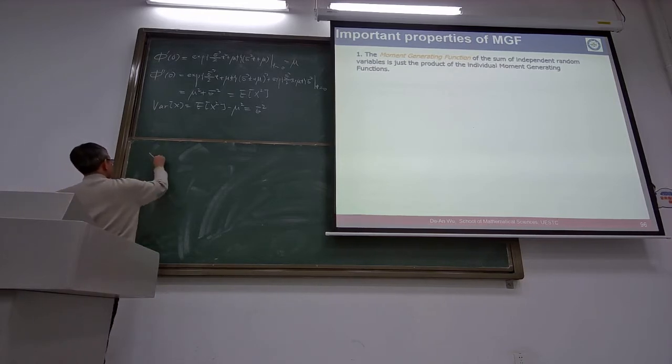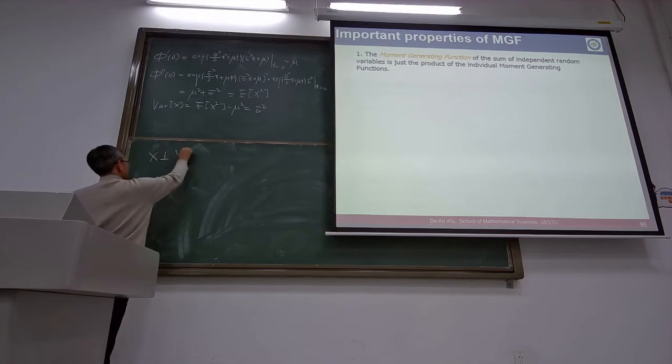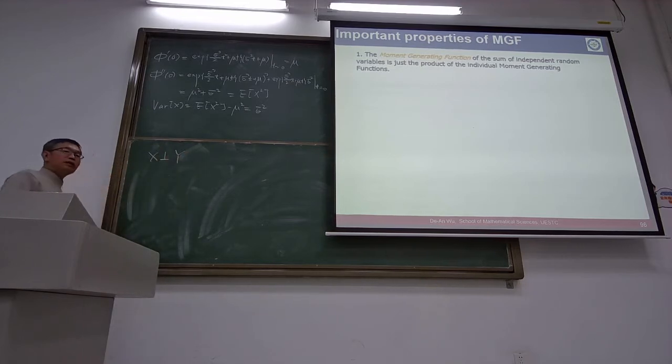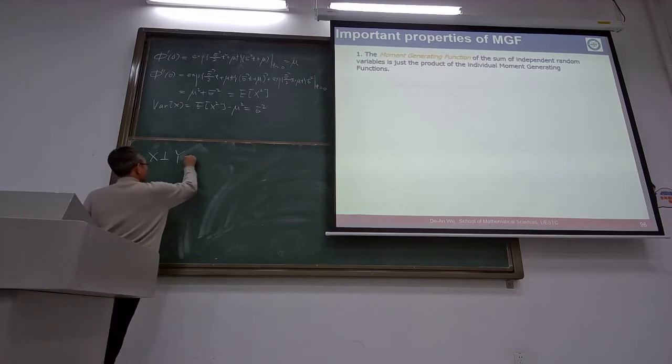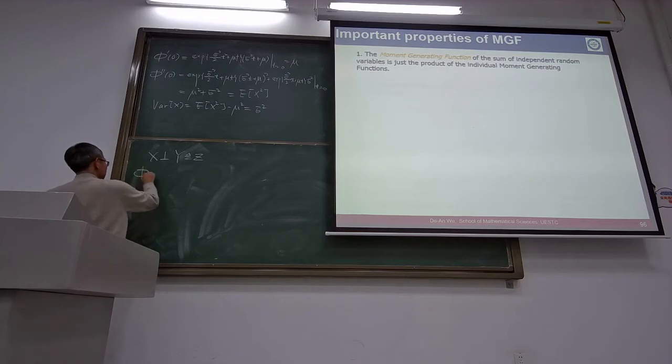if X and Y are independent, the moment generating function of Z is denoted by this one.